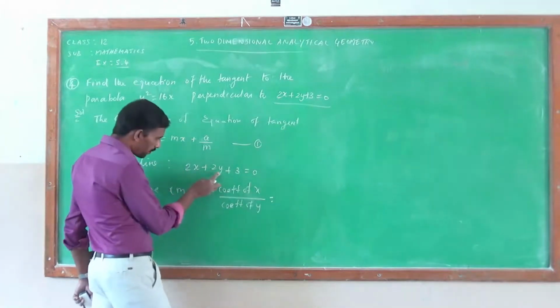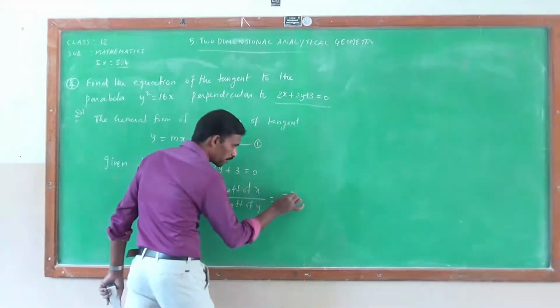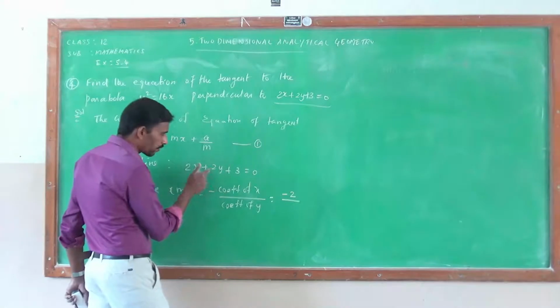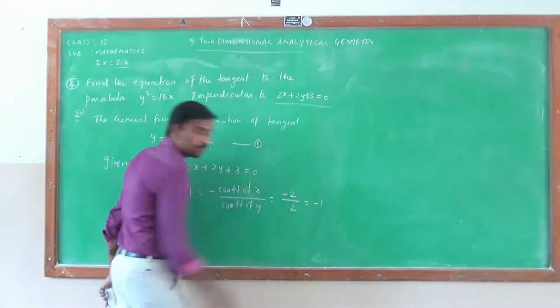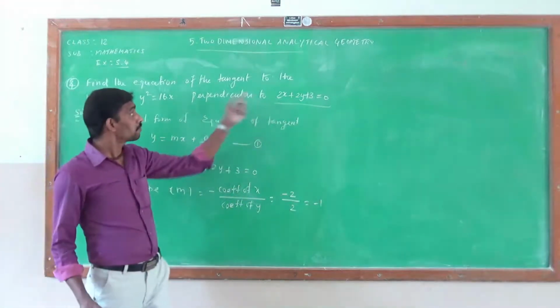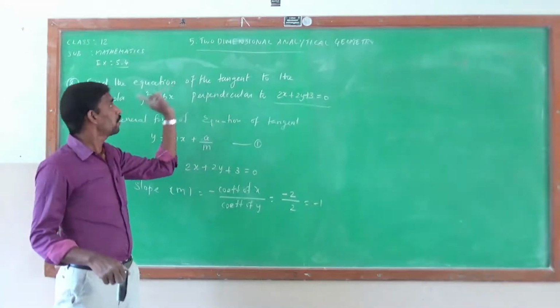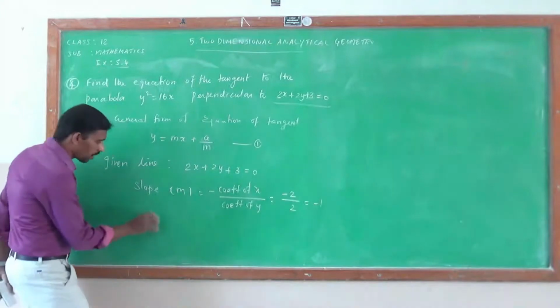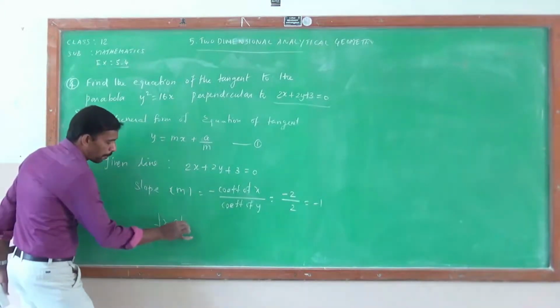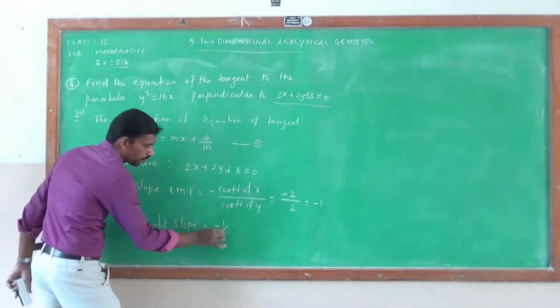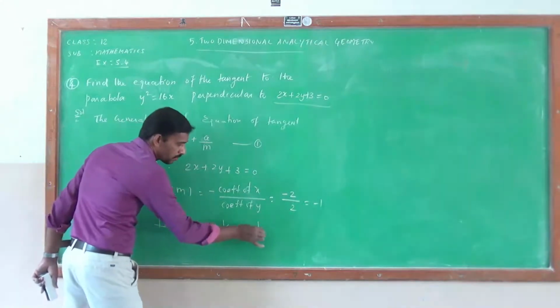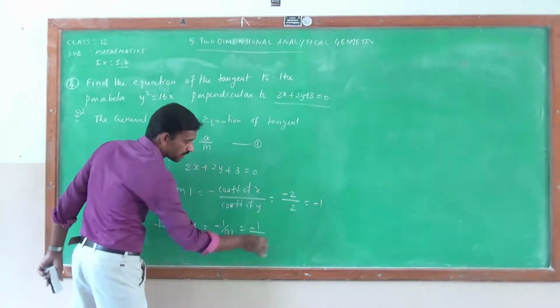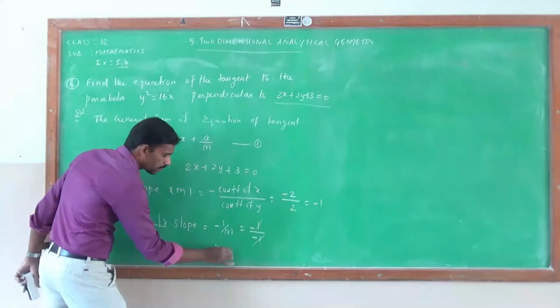Coefficient of x is nothing but 2, so minus 2 divided by coefficient of y, which is nothing but 2. So we get minus 1. But this line is perpendicular to the tangent of the parabola. So we want to find the perpendicular slope, which is minus 1 divided by m. That is nothing but minus 1 divided by minus 1. Minus will be cancelled.